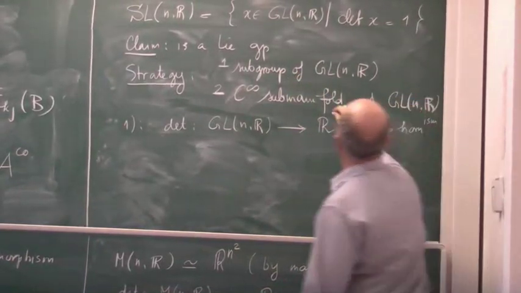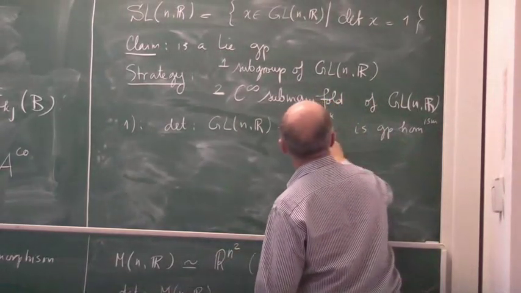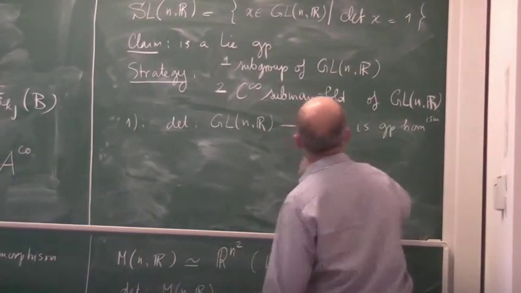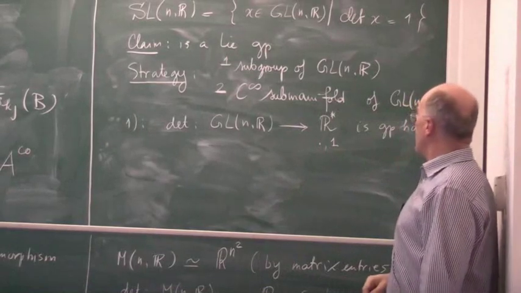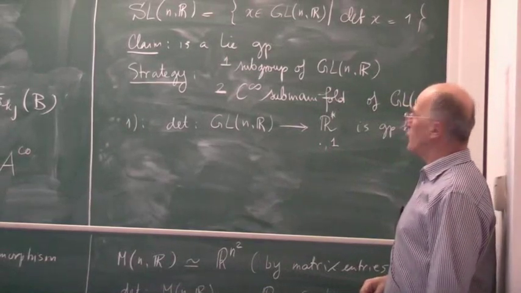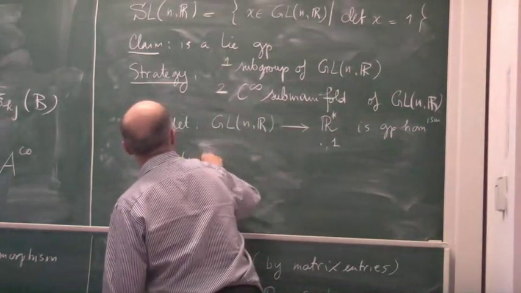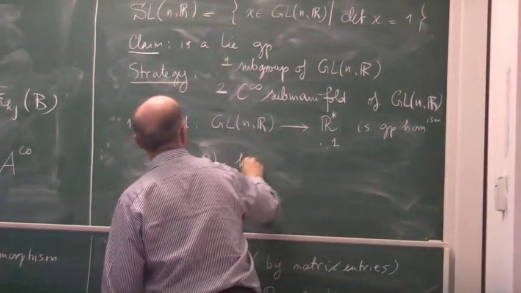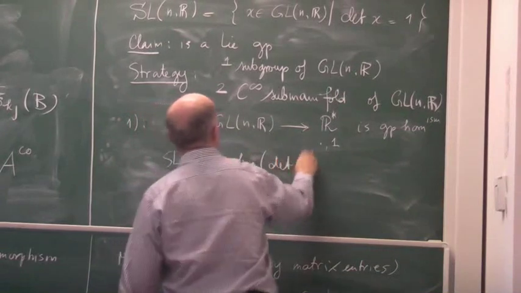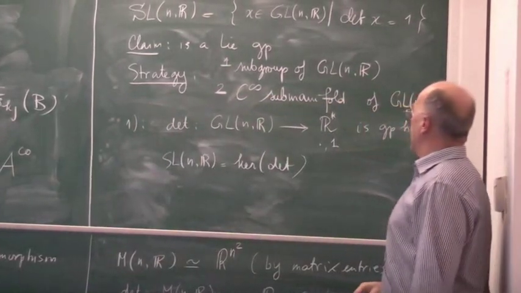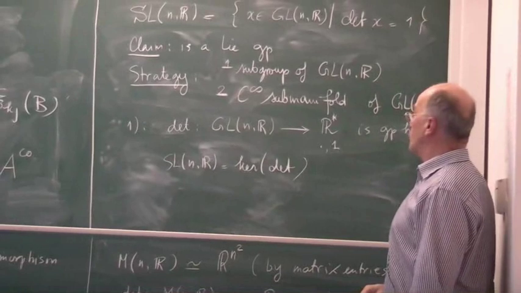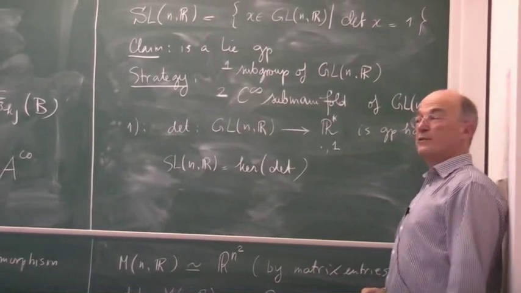Don't you mean R star? R star, thank you. With the multiplication and the identity element. And so that means that SL(n,R) is the kernel of this determinant. And the kernel of a group homomorphism is a subgroup.